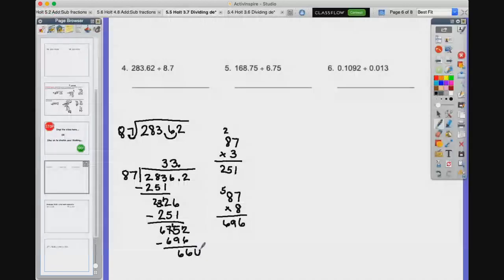Throw a 0 in. So 87 goes into 660. How many? Oh, wait, I messed up somewhere. 87 goes into, you know what? I messed up. We are just going to scrap this. We're going to start over again.